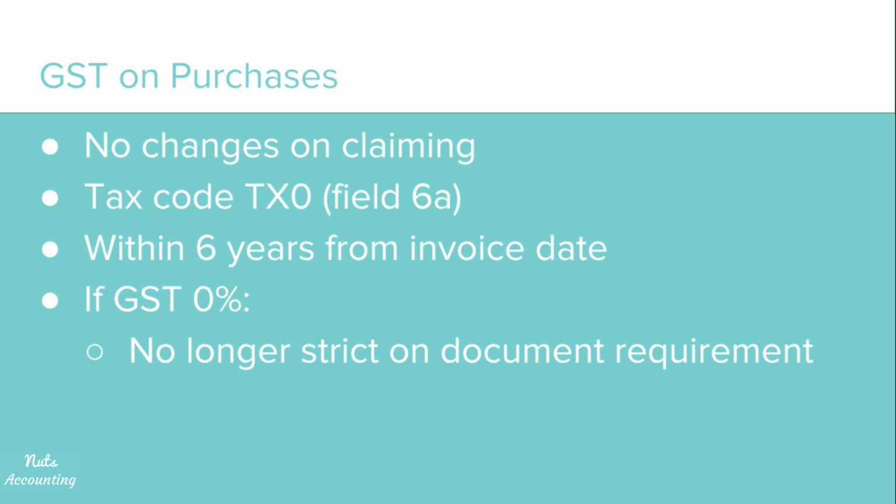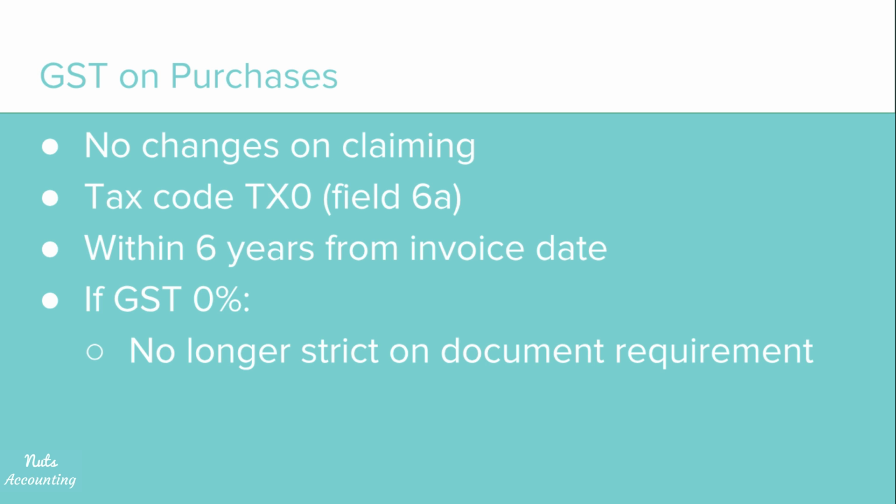Purchases. For purchases, we are just going to touch on it at a very general level, because nothing much has changed for your claiming of GST. As long as you receive a tax invoice from the supplier that has been charged with GST and every criterion has been fulfilled, then you may claim your GST.